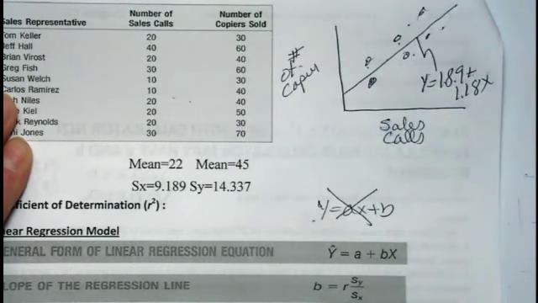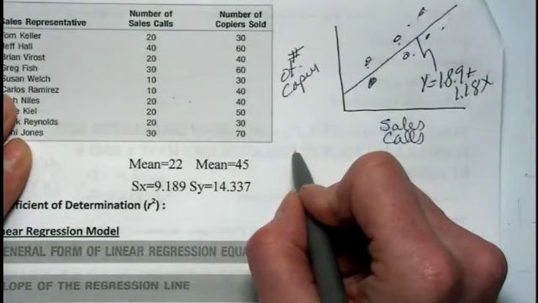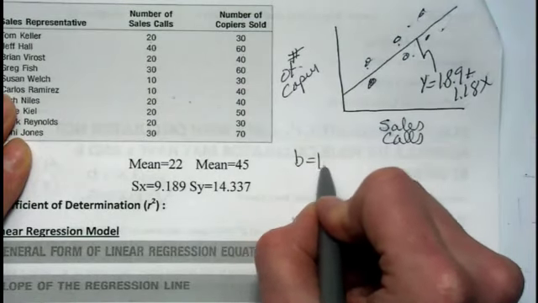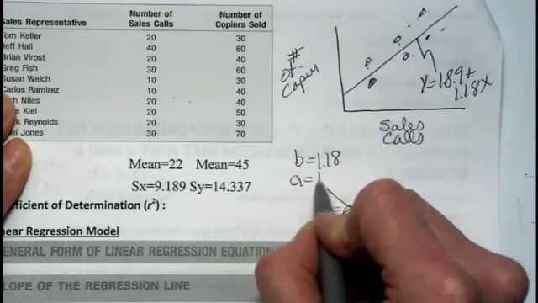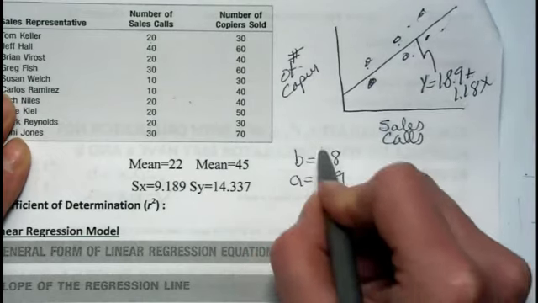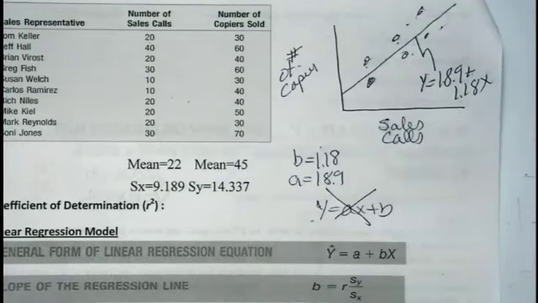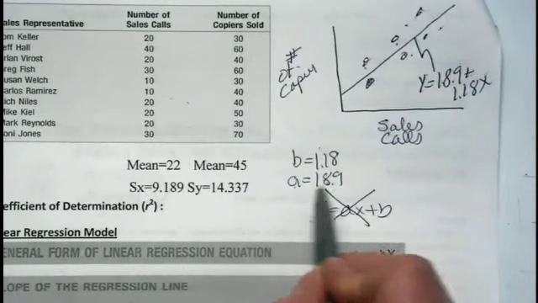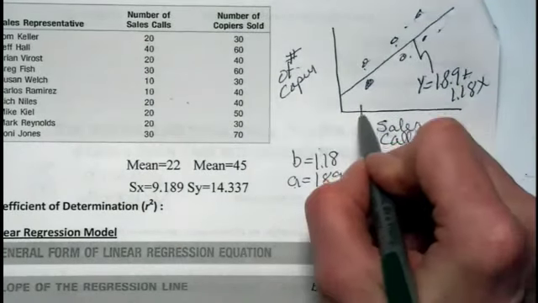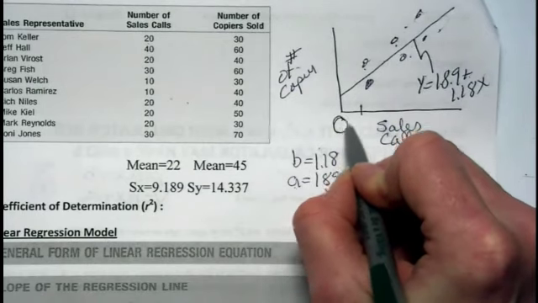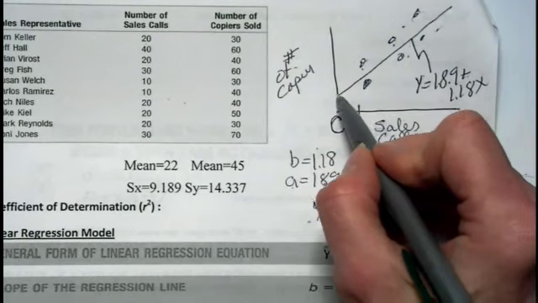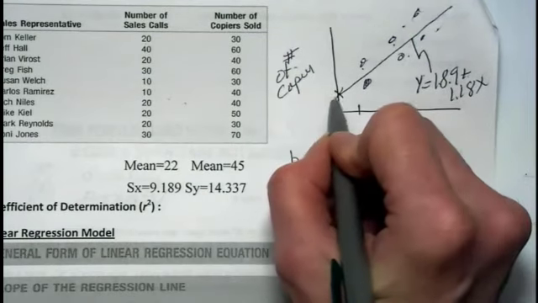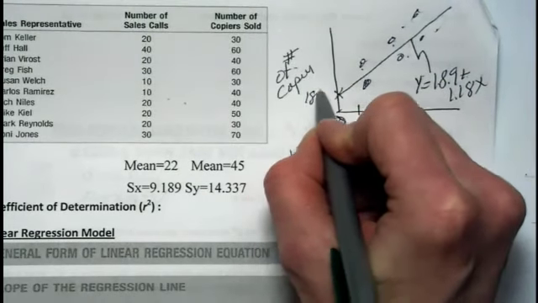Okay? Now, we found out that B, the slope, is 1.18. And A, the y-intercept, is 18.9. What do these mean? Let's look at the y-intercept, 18.9. It means if we do 0 sales calls, we get a value of 18.9.